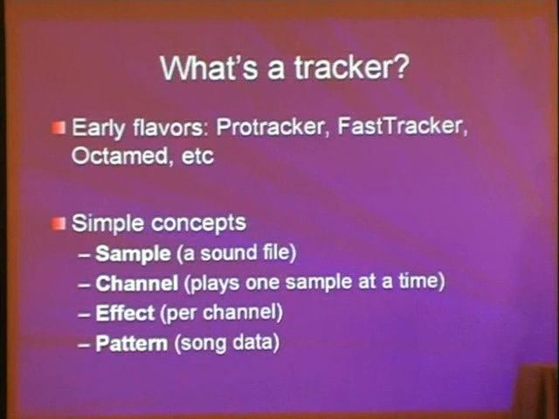There are many flavors. As I showed you, the Ultimate Sound Tracker was the first, but soon came the clones: Pro Tracker, Fast Tracker, Octamed, 669, Composer, Scream Tracker, et cetera. All sorts of good stuff. But they all basically operated the same way. You had samples, which were the sound files that got played.